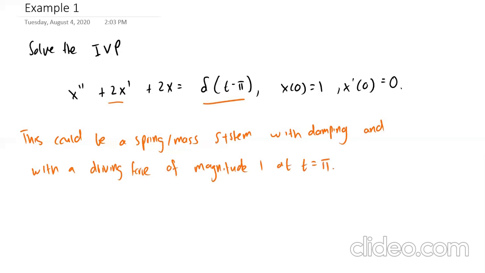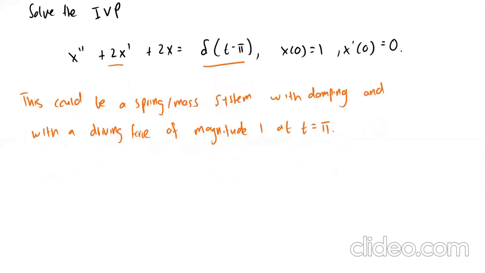So that's how you want to think of something like this. Anytime you want to model forces or currents or any other process that happens in a short period of time, the Dirac delta function is useful. Now, let's solve this ODE.